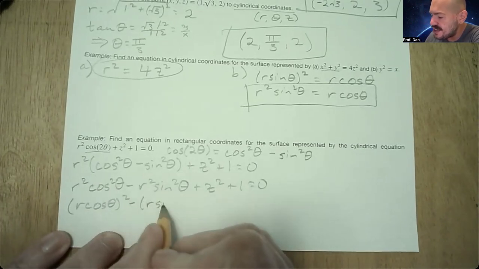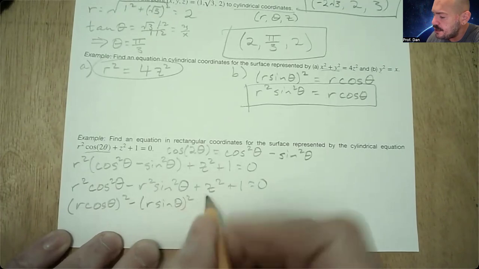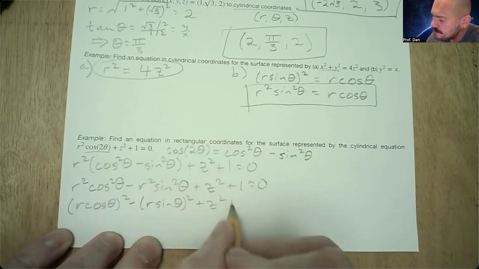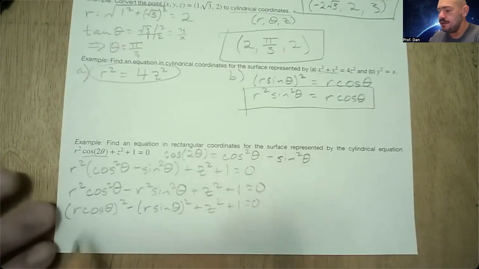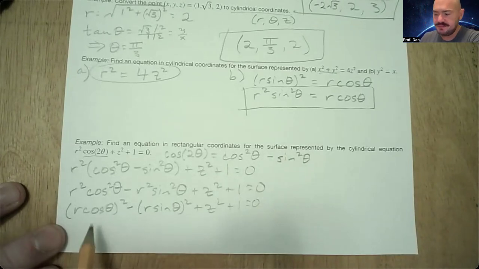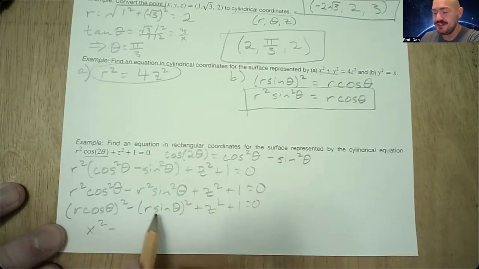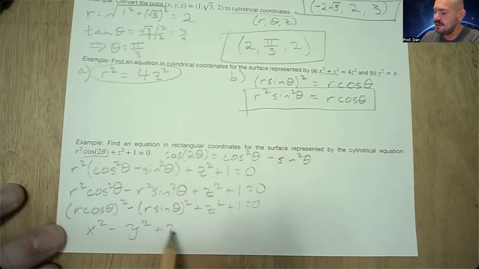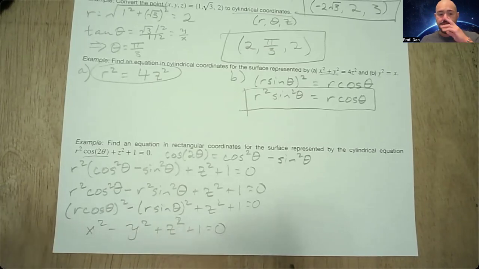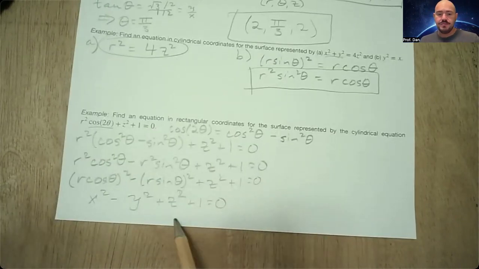So we have r sine theta, all of that squared. Okay, and r cosine theta, what's that? That's x. R sine theta, what's that? That's y. And now I have an equation that's written in rectangular form.